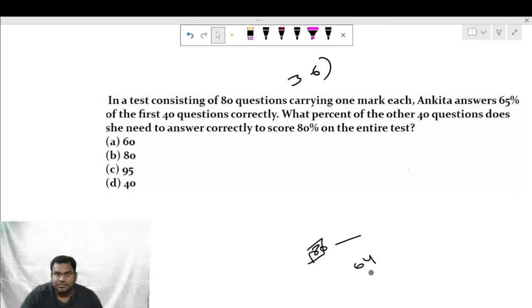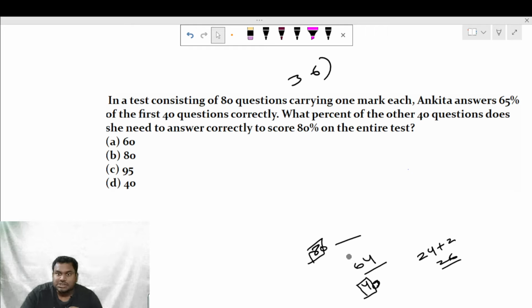So overall she should get 64, but already she got 65% correct in the first 40 questions. In 40 questions, 10% is 4. So 60% is 24 plus 2, 26 marks she got correct in the first 40.